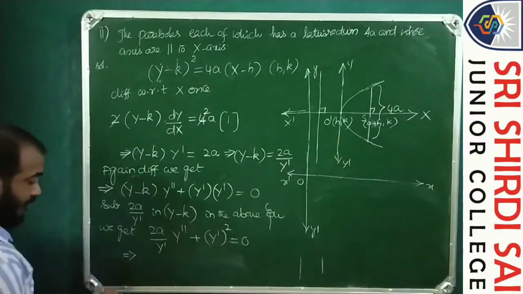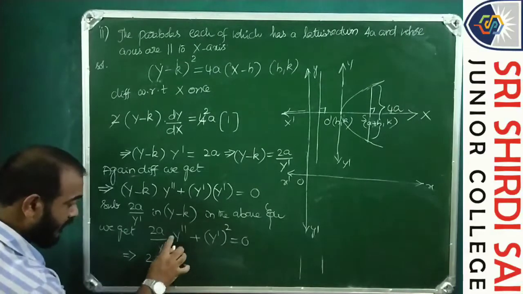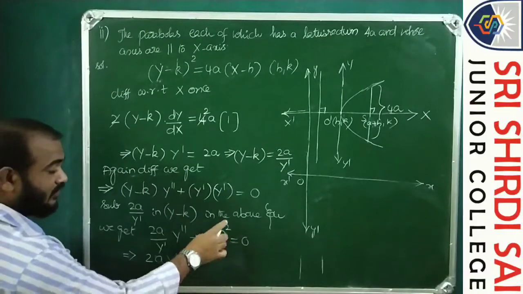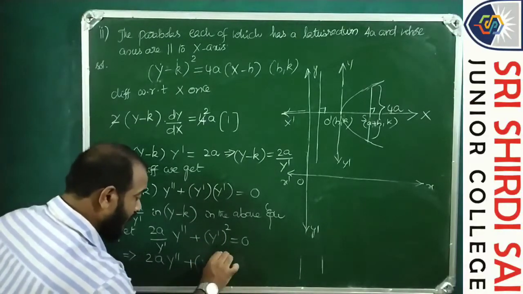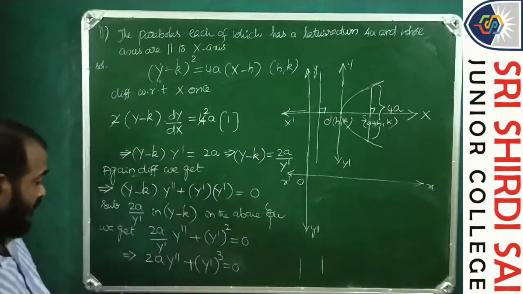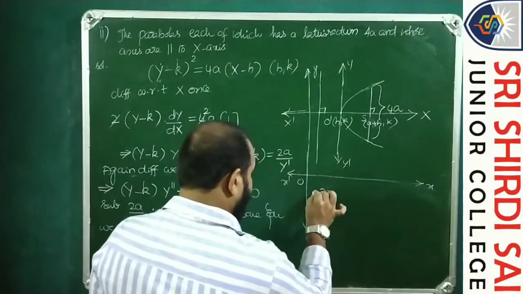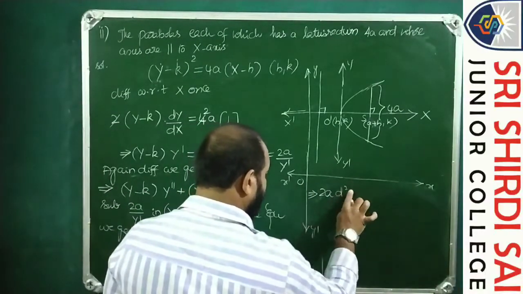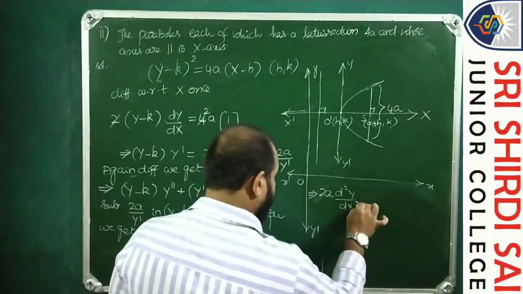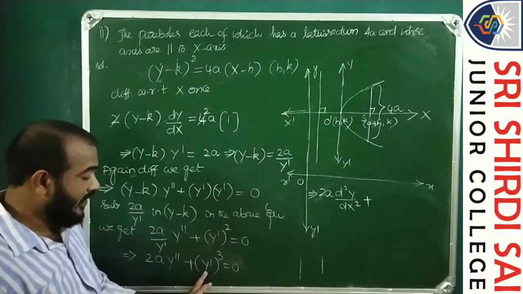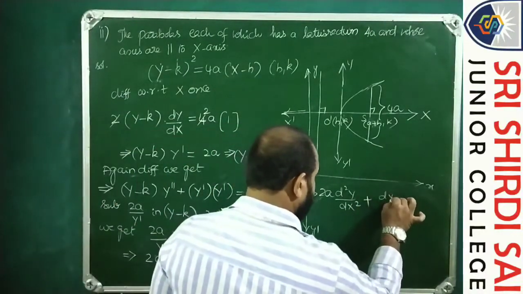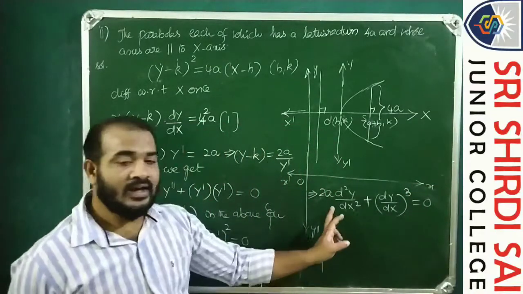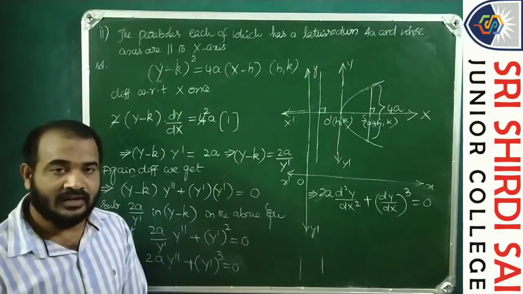Therefore this is 2a y double dash plus y dash into y dash square, so y dash cube equals 0. Now 2a, what is y double dash? This is d square y by dx square, plus what is y dash? dy by dx whole cube equals 0, is the required differential equation.